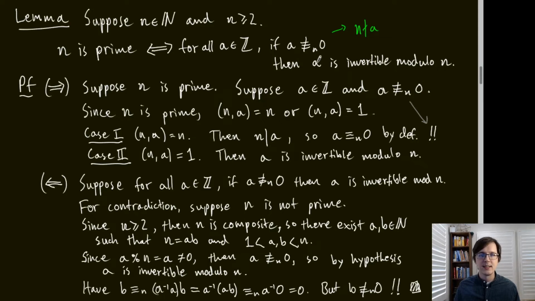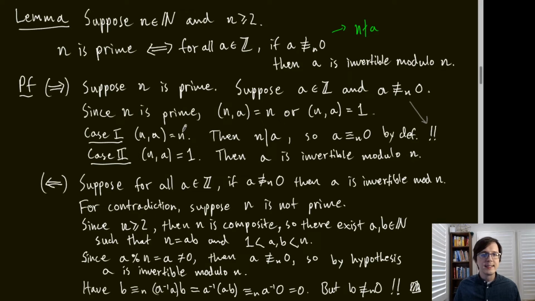Then we want to show that a is invertible. Since n is prime, there are 2 cases for the GCD, because n has only 2 factors, 1 and itself. So the GCD is either n or 1.